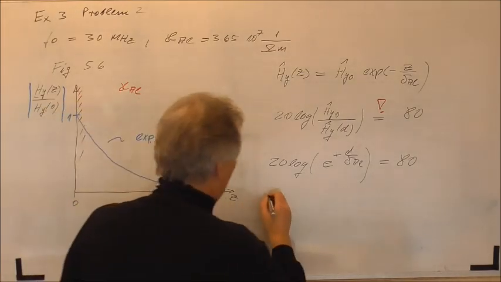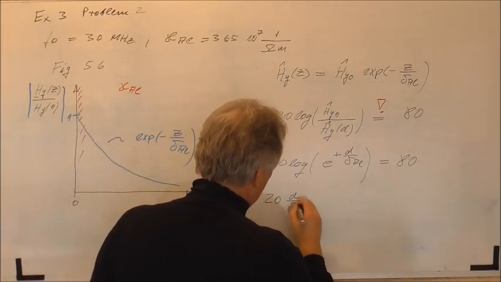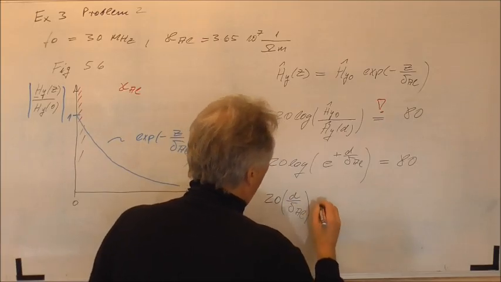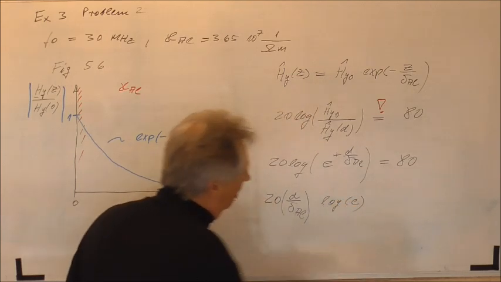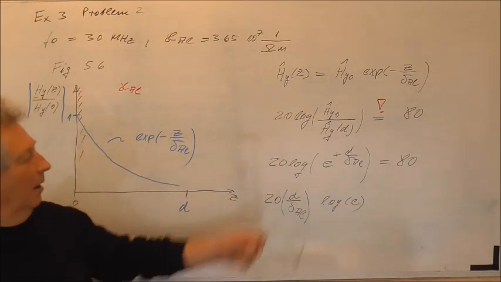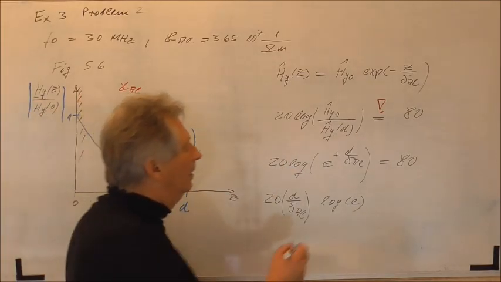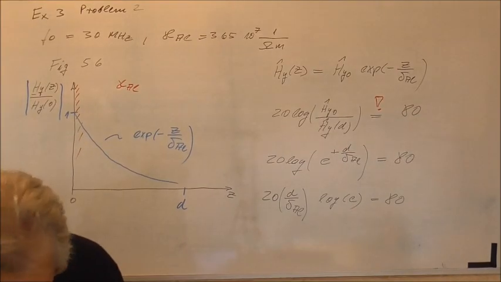Or we can see that this is 20 times d over delta RL times log of e, where log I mean the logarithm with base 10, and this gives 80.